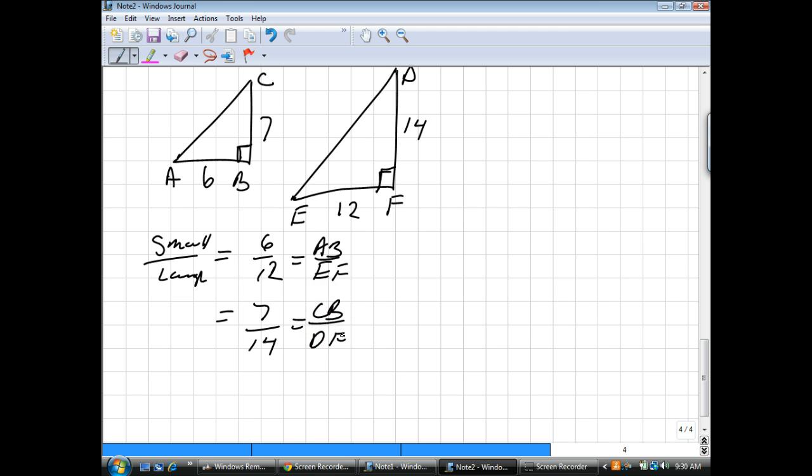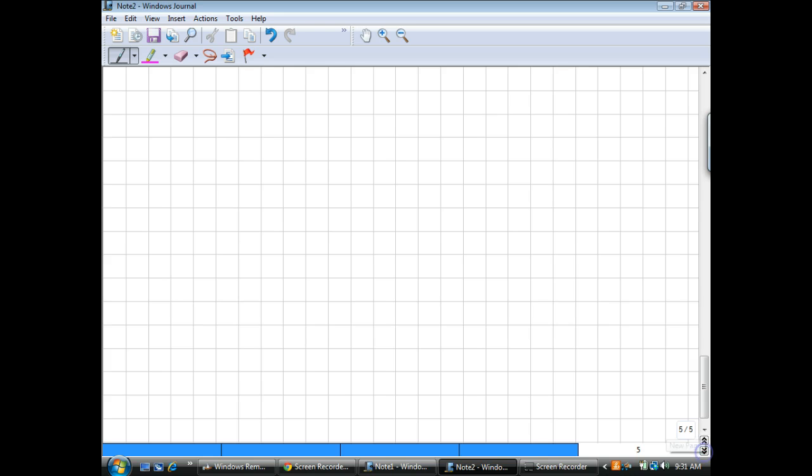Okay, those both equal 1/2. So by the side-angle-side similarity theorem, we can say triangle ABC is similar to triangle EFD. Okay. Next one.